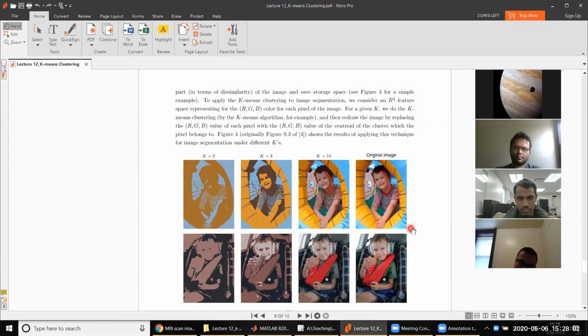I can store, for example, RGB, red, green, and blue, three colors. What I'm going to do is k-means clustering on these R^3 features. So each pixel is composed of RGB, and then I do the k-means clustering. In other words, for this color, which cluster is it closest to?